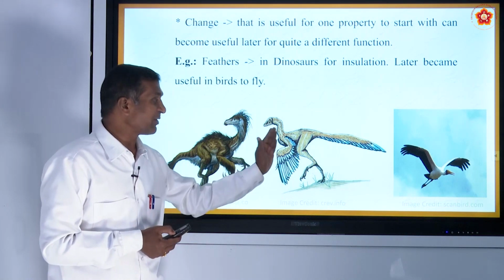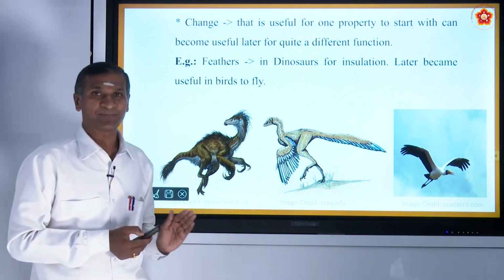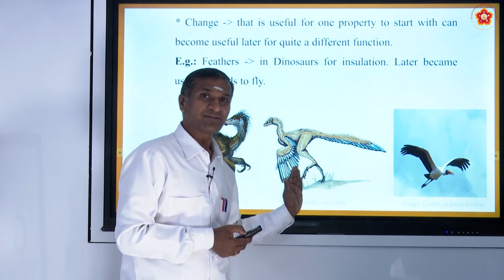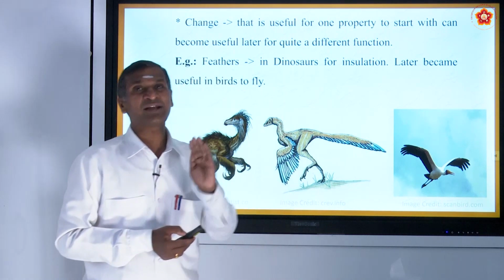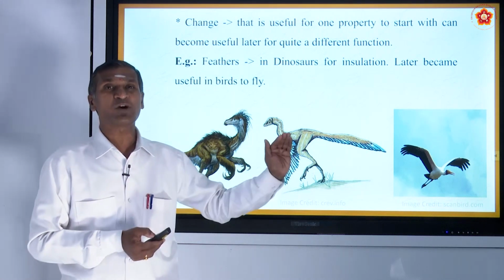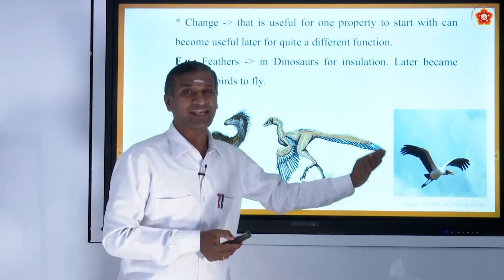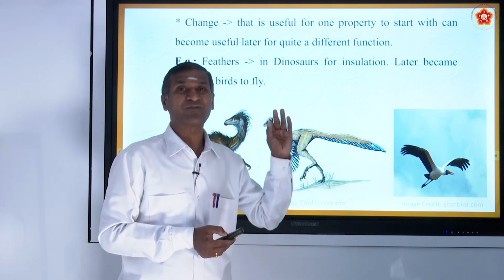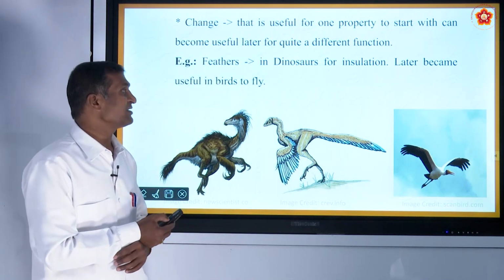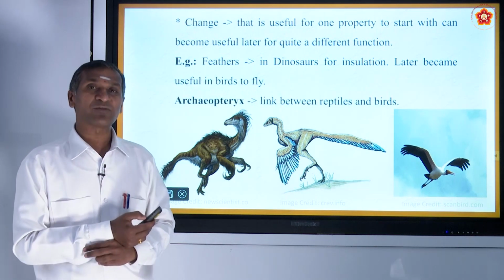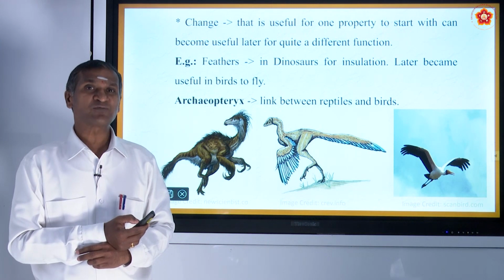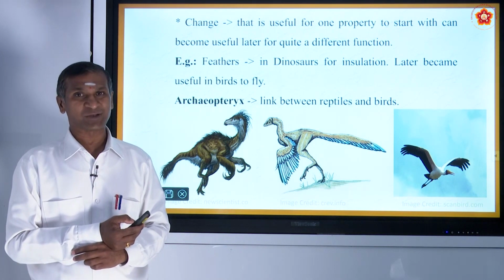Gradually the dinosaur developed a certain shape like a wing. The feathers were there for insulation, but gradually they became useful for flight in birds. So the change that was made for one purpose became useful for multiple purposes also.